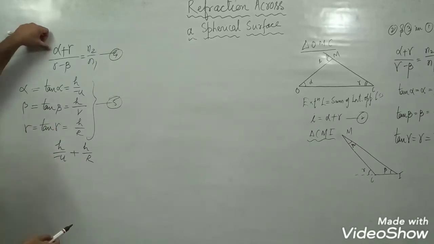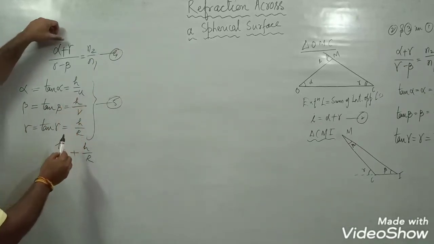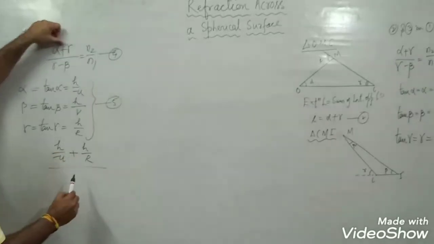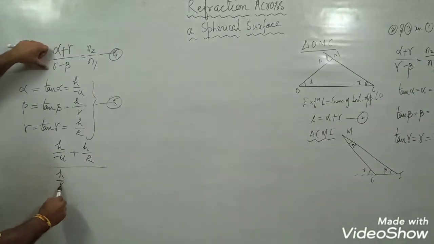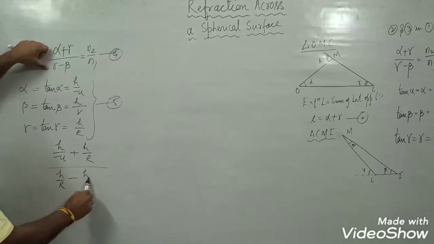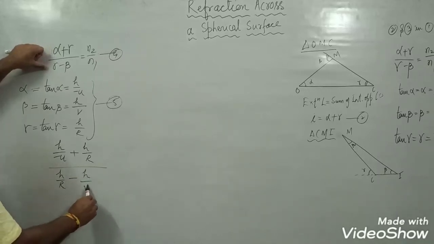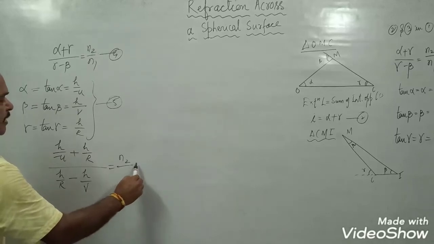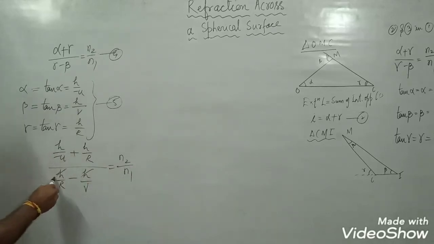So we get H upon R minus H upon V upon H upon minus U minus H upon R, and that is equal to N2 by N1. See, this H cancels out.